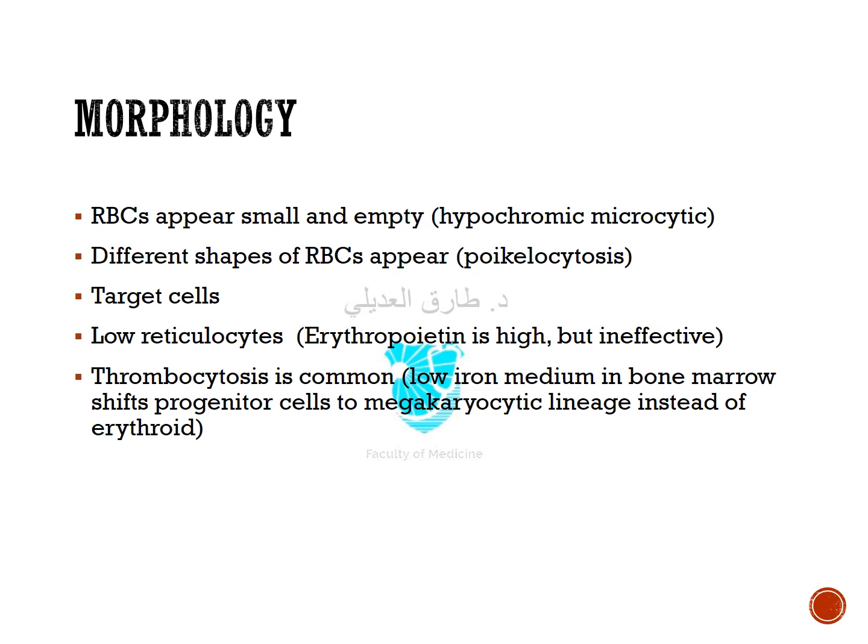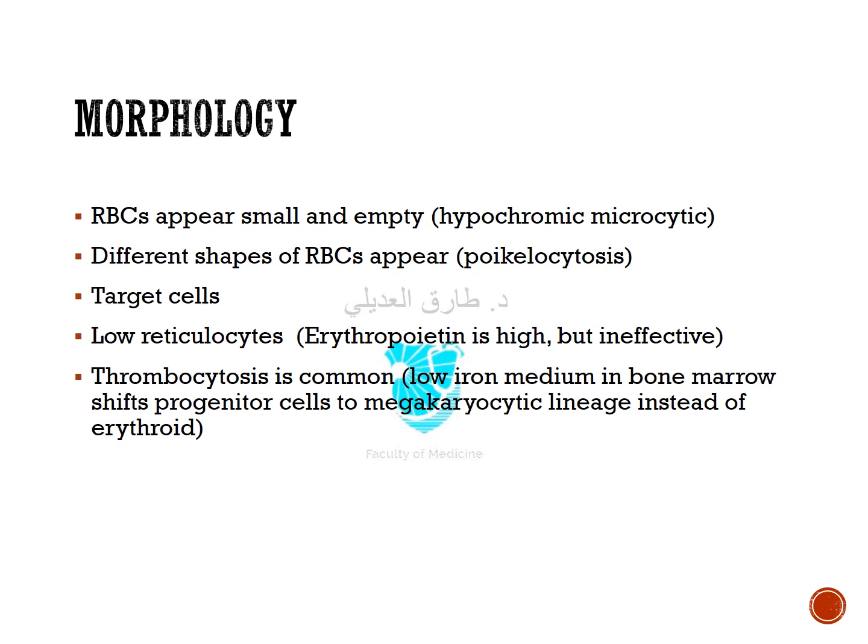Then we have the last feature, and if you know it well, it will help you in clinical life to know that this is iron deficiency. Commonly they have thrombocytosis. With the anemia, we have increased platelets, and this feature was enigmatic, it was not known why. There were theories that erythropoietin can activate megakaryocytes, but it doesn't explain why it occurs only in iron deficiency anemia.